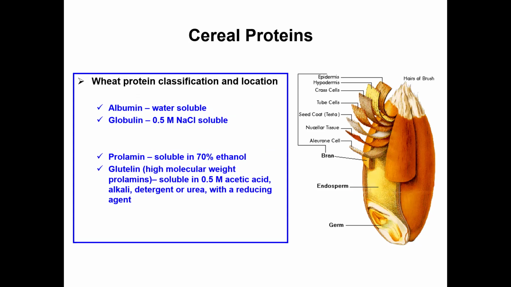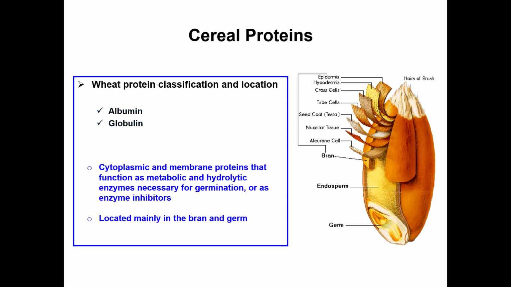Albumin is soluble in water, globulin is soluble in salt, prolamin in alcohol, glutenin, you need to add acid, and we put a reducing agent along with the alcohol to help extract or solubilize those large molecular weight insoluble proteins.